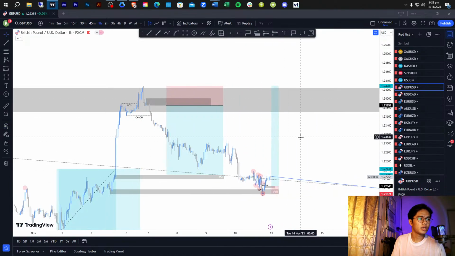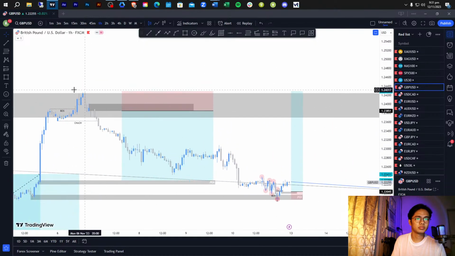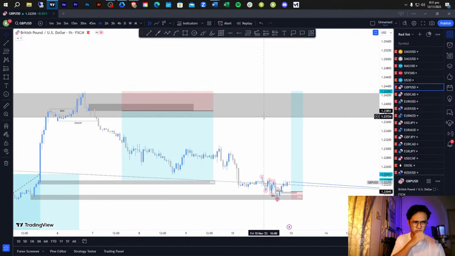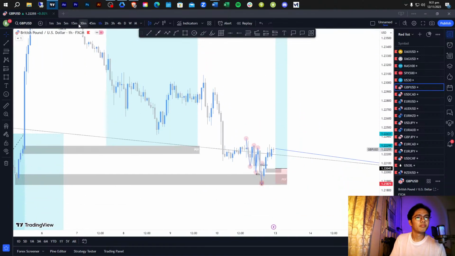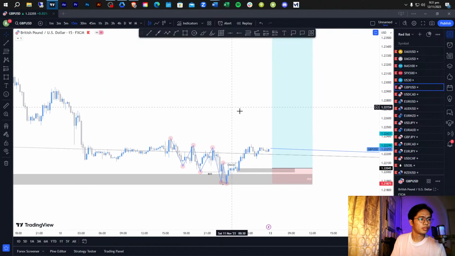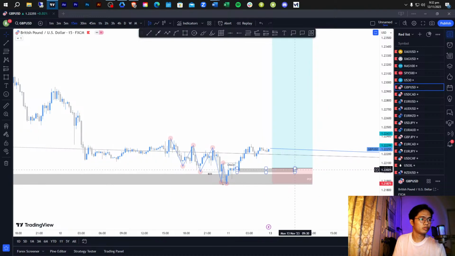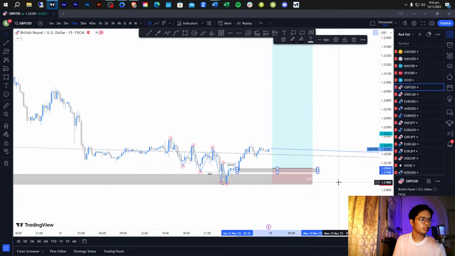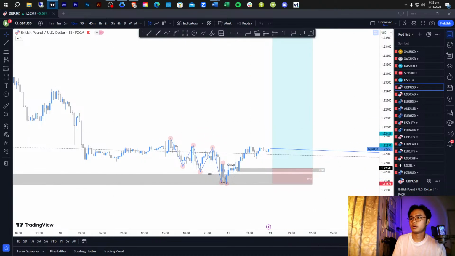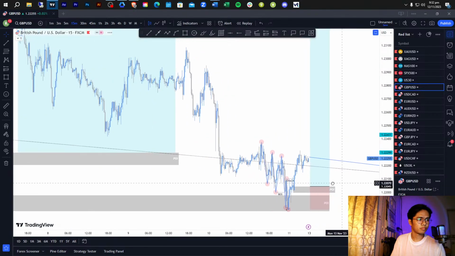This will be the highest target, this area right here. And here's our trade for GBP USD. Point of interest.